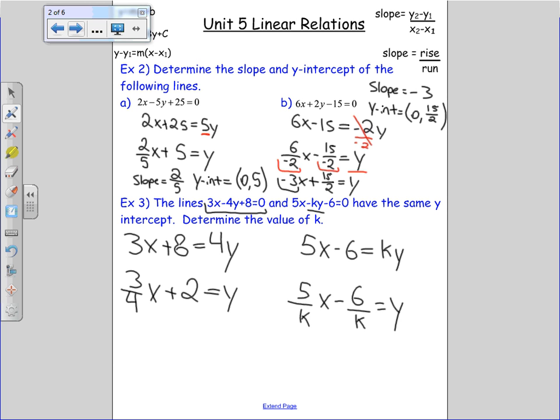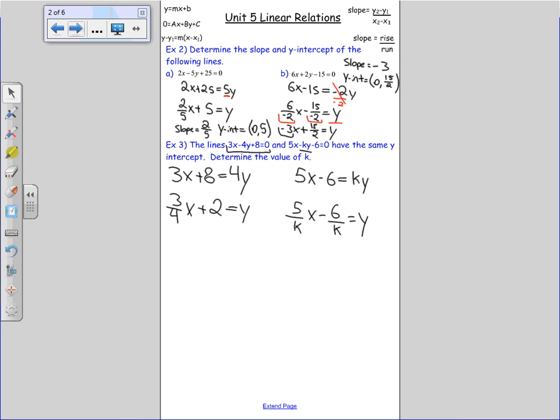So the question is, what does k have to be so that 2 is equal to -6 divided by k?